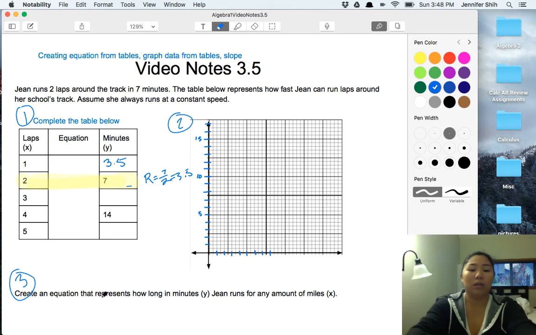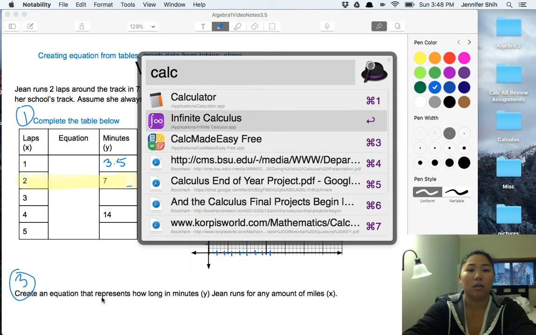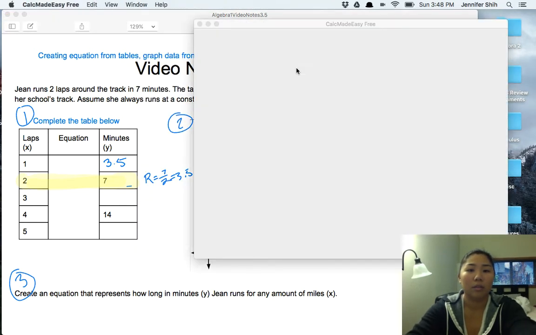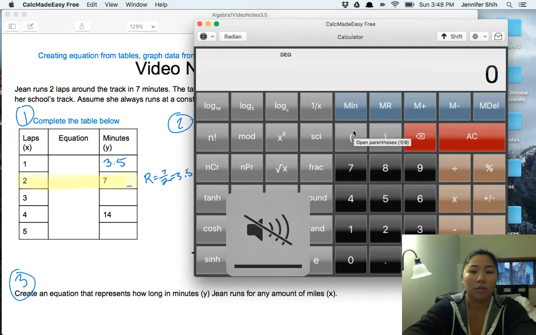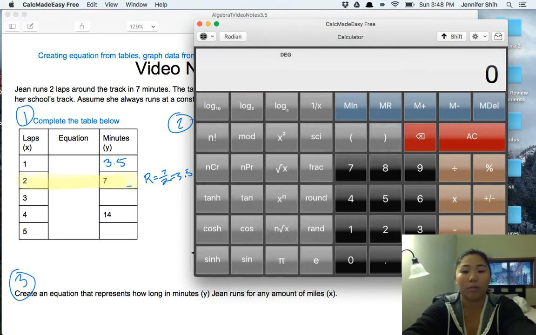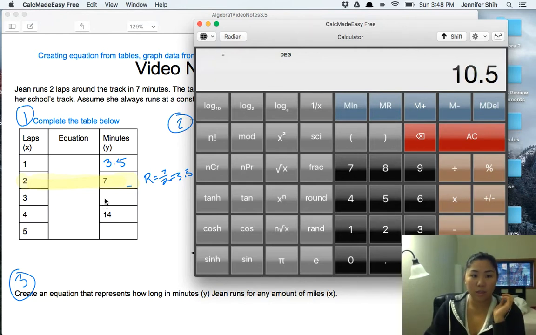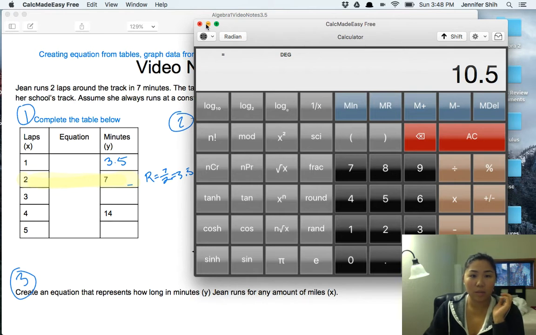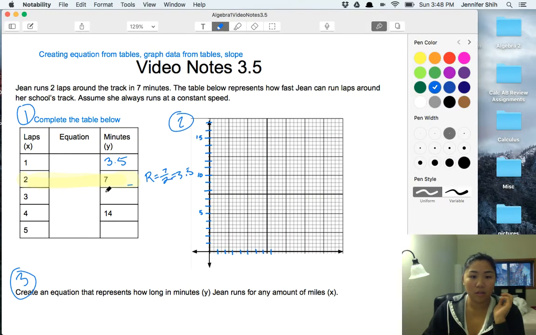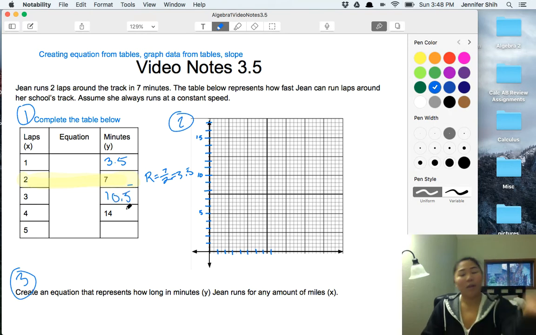So with our calculator, 3.5 times 3, we should get 10.5, which makes sense because 7 plus 3.5 is 10.5. If we add 3.5 to 10.5, we should get 14. And if we add 3.5 plus 14, we'll get 17.5.